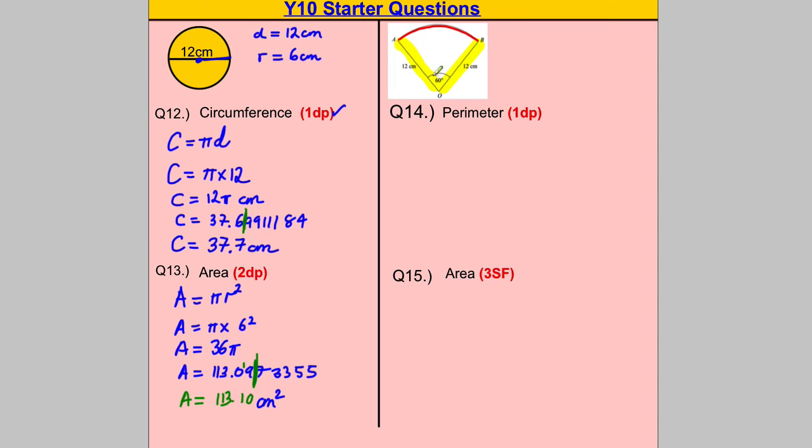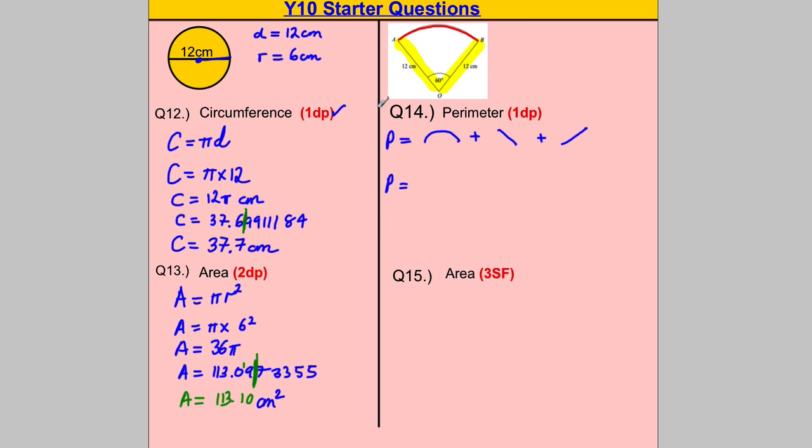So this shape is a sector, it's a cutout of a circle. So how would you work out the perimeter? Well, let's write down what we're going to do. The perimeter is the curved distance plus the one radius plus another radius, isn't it? So it's the red plus this line plus this line. Now how would we work out the curved distance?